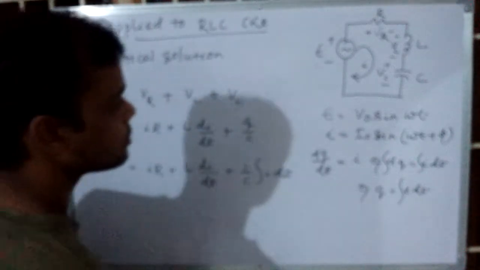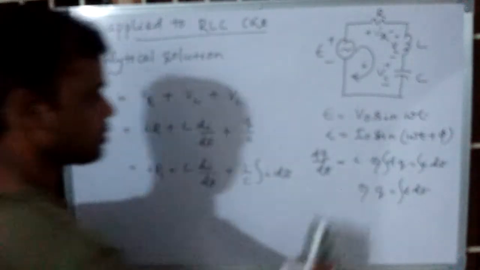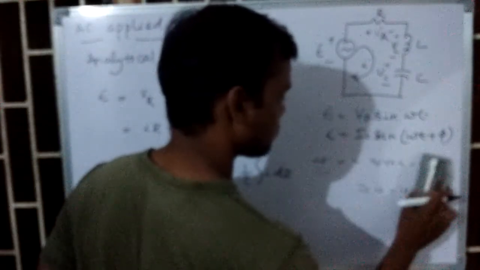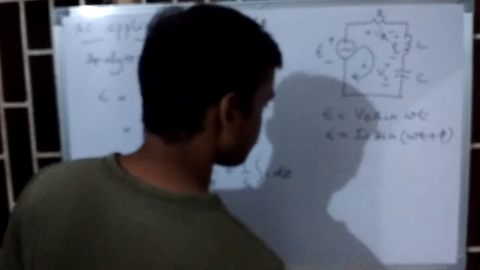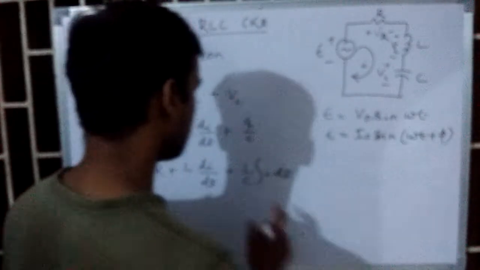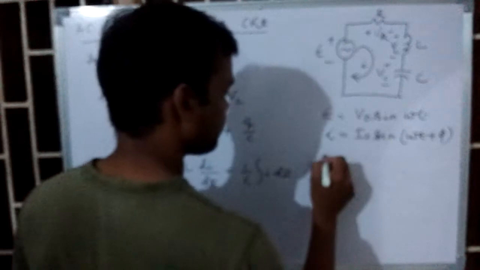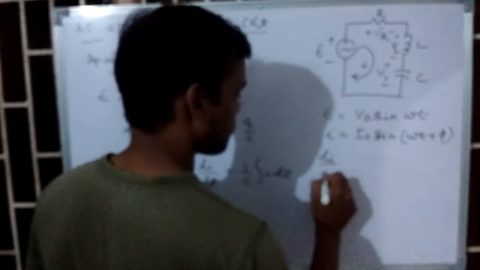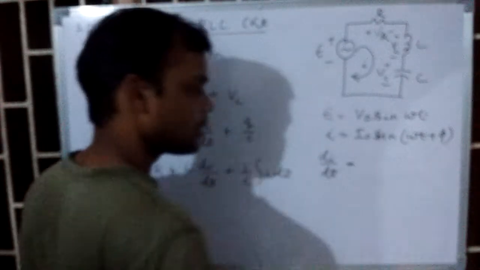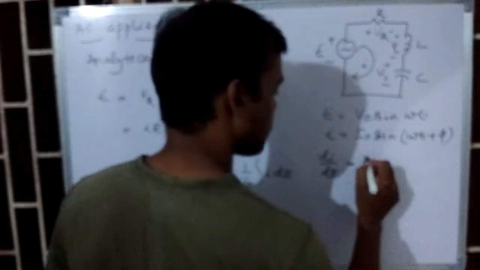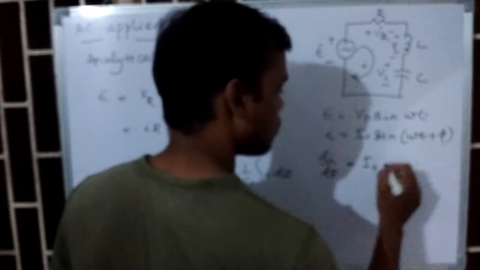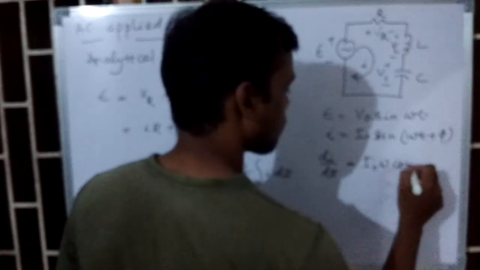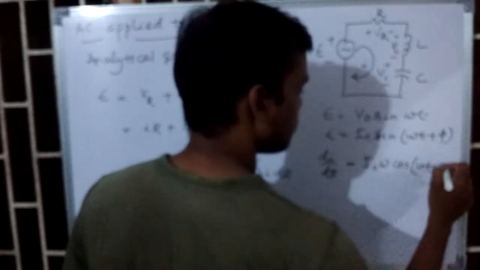Let me write it here. Our I is this much. Then what is di by dt? di by dt is nothing but I naught omega cos(omega t plus phi).